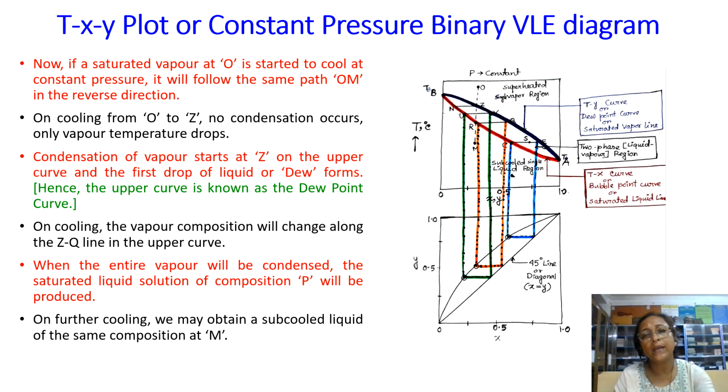The composition of A in saturated liquid at C is less than the corresponding saturated vapor composition indicated by point E. Similarly, the saturated liquid composition at R for A is lower than the saturated vapor composition of A denoted by Q. And why the lower curve is called bubble point and the upper curve is called dew point is also clear to us.